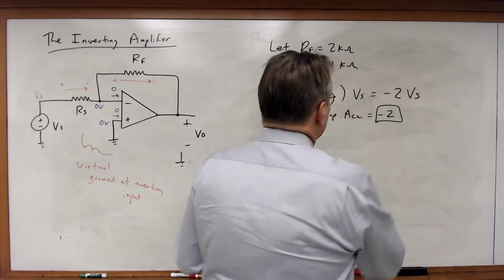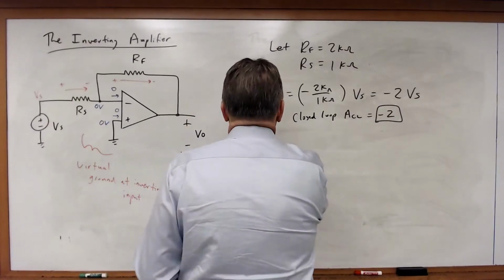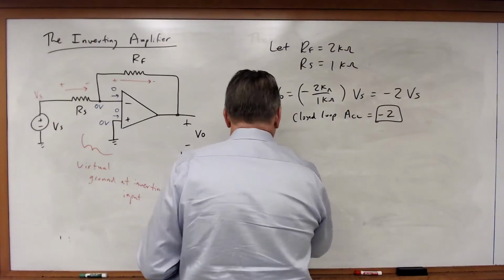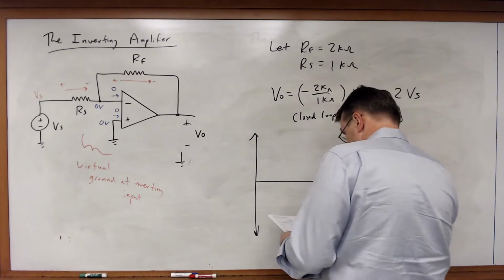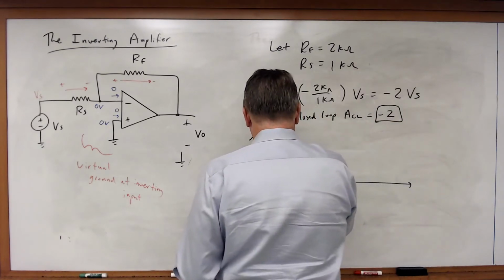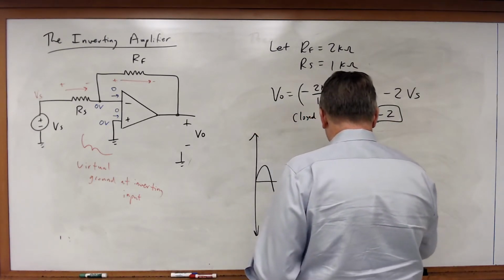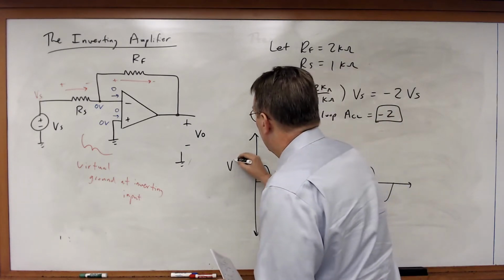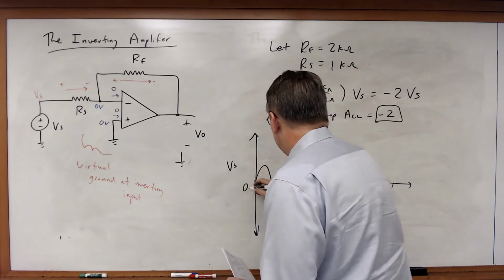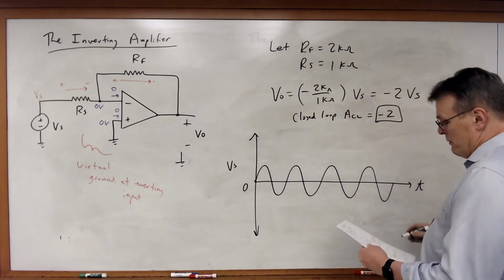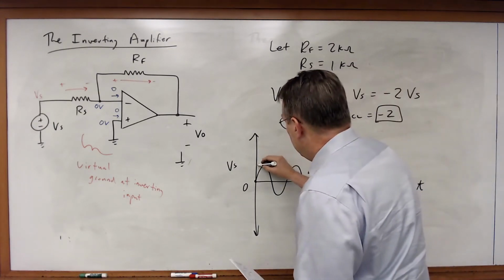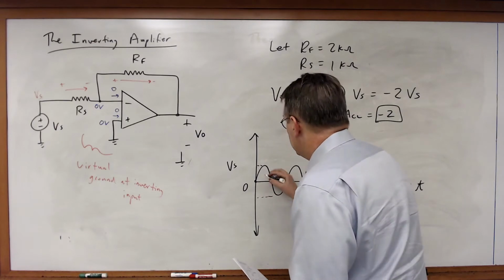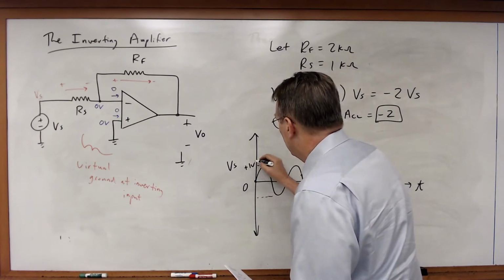So what do I get if I were to plot this? Let's say my input was a sinusoid. Let's say Vs was a sinusoid, and I just plot this with respect to time, and it has a maximum amplitude of 1 volt.